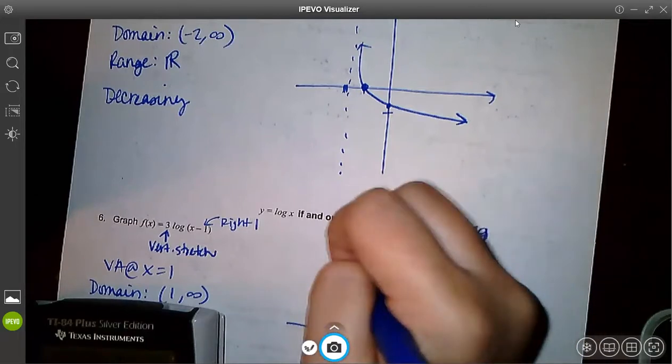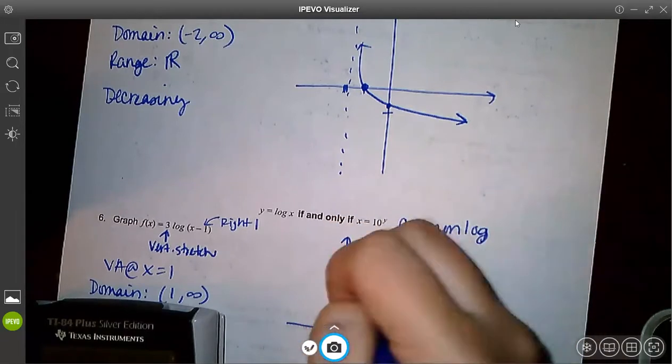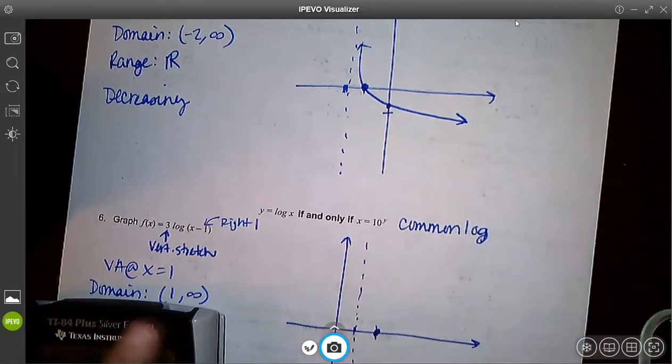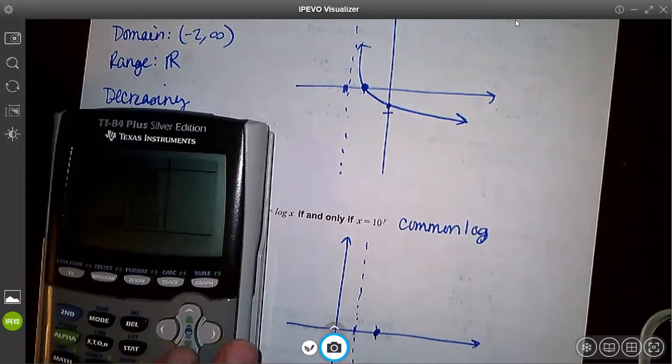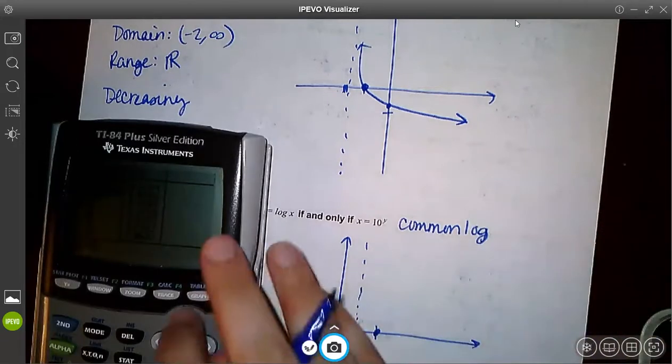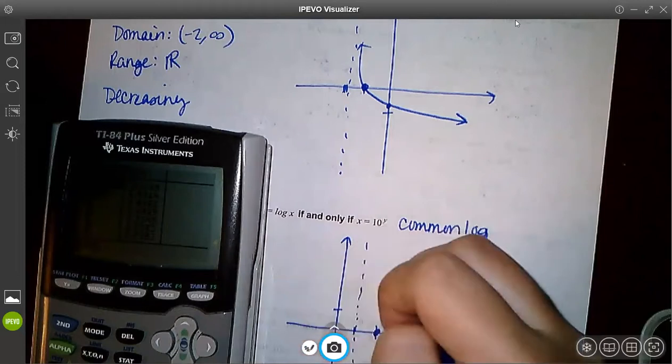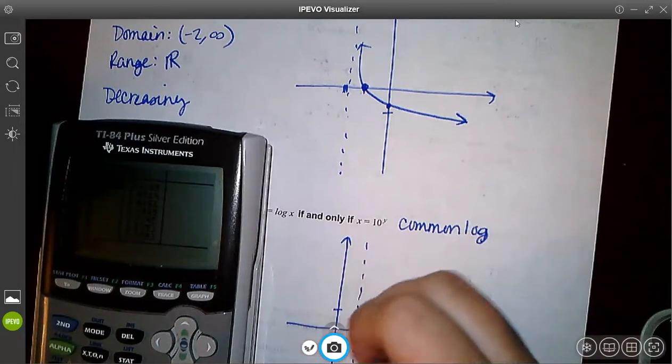Again, we have our vertical asymptote at x equals 1. I'm just going to do the next one. 3 is almost a 1, 0.9 roughly. And it's going to go like this.